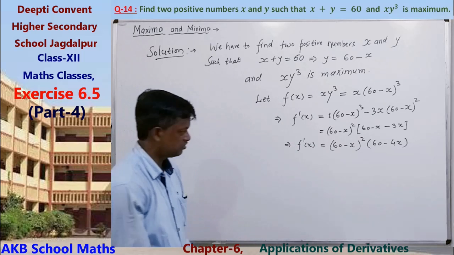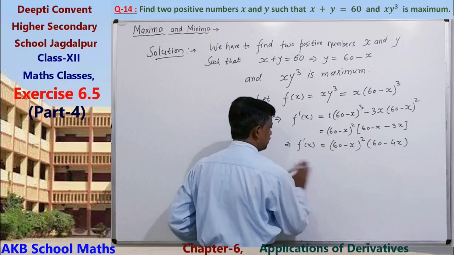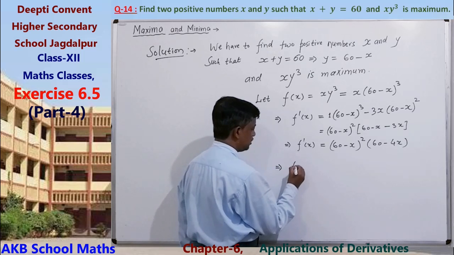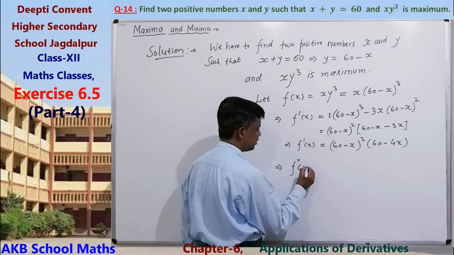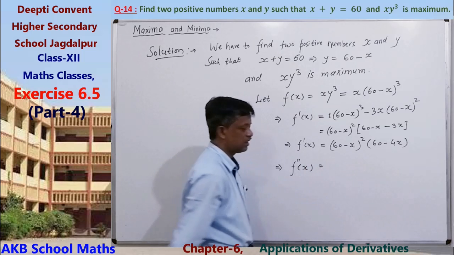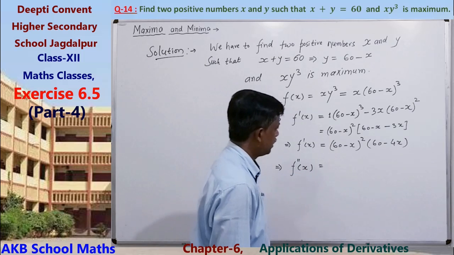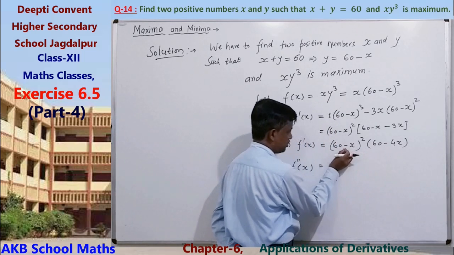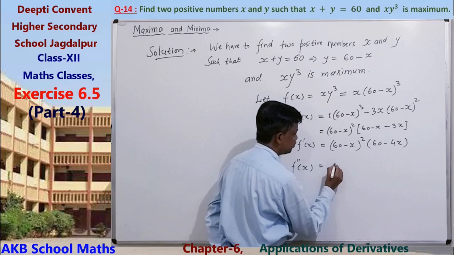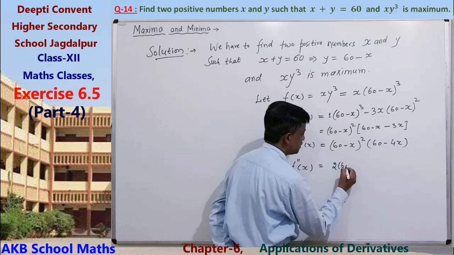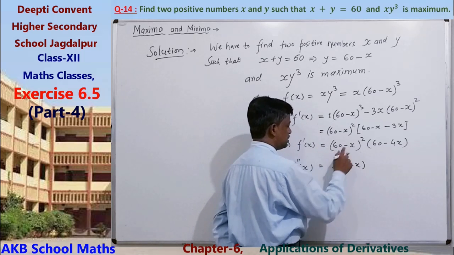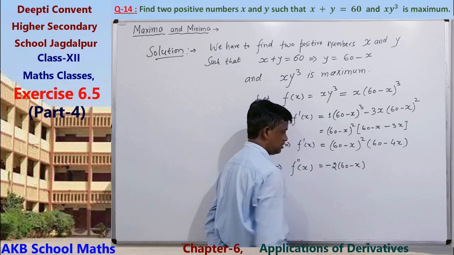Clear? Also, we require the value of the double derivative. So again differentiate with respect to x. This is the first function, this is the second function. So differentiate the first function, that is 2(60 minus x), and also differentiate 60 minus x, that is minus.